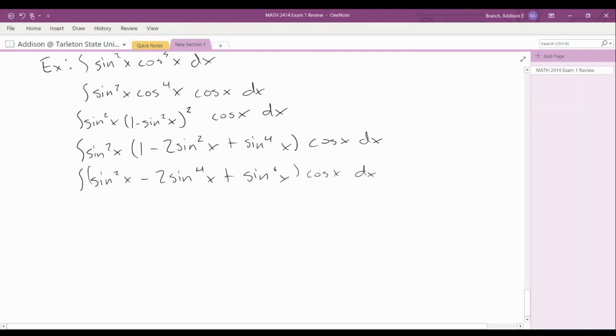And now we can just do a basic u sub, where we say that u is equal to sine of x, and we know that du is cosine of x dx. So therefore, we're going to get u squared minus 2u to the fourth plus u to the sixth du.